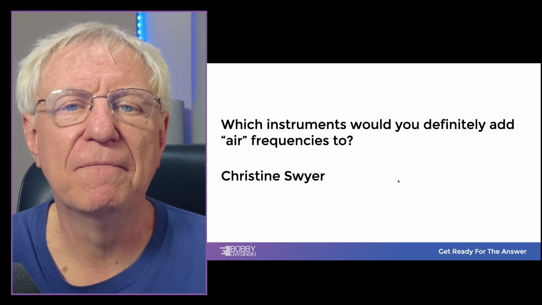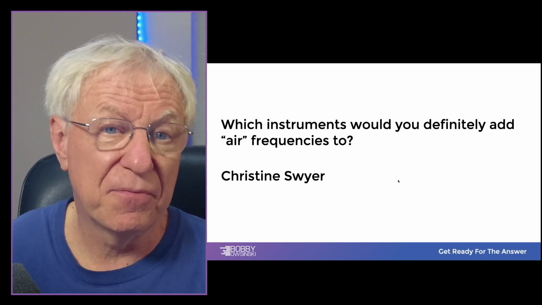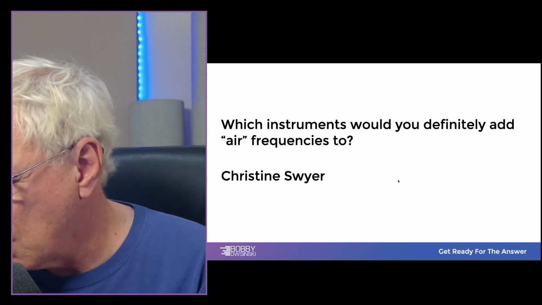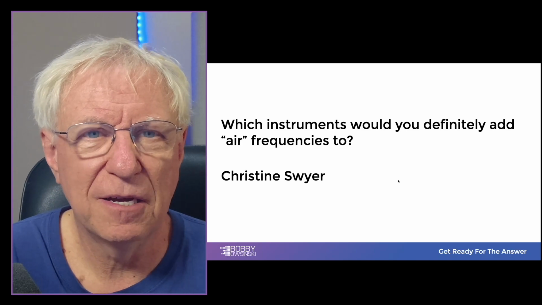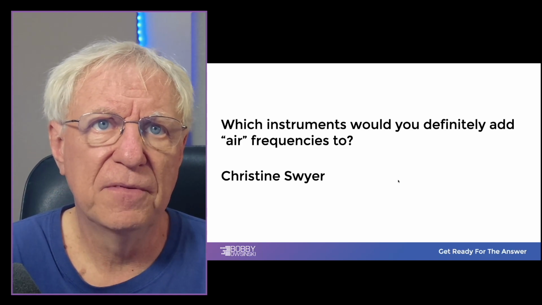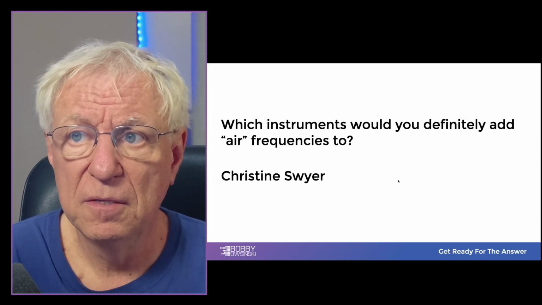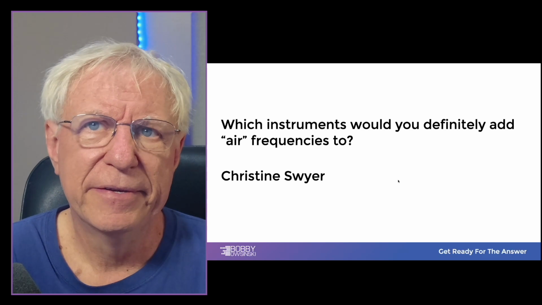From Christine, which instruments would you definitely add air frequencies to? Air frequencies, again, 10, 12K in there. Vocals for sure. You'd be surprised how much more real a vocal can sound with a little bit of 10K. Cymbals, often. Piano does well. Sometimes acoustic guitar. Acoustic instruments do better.